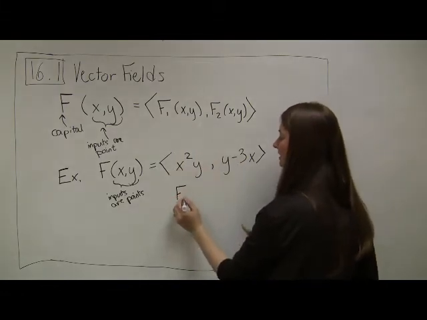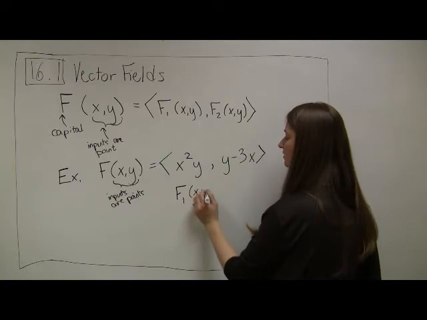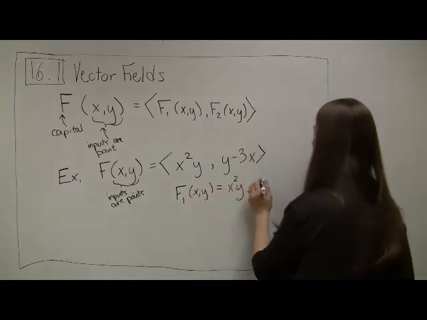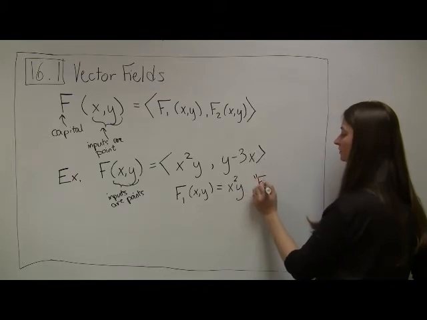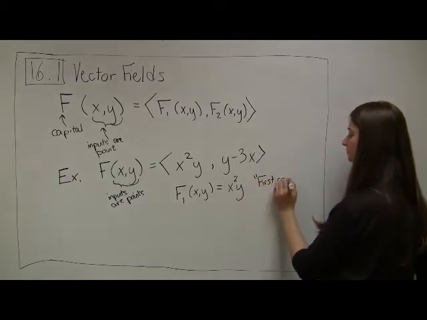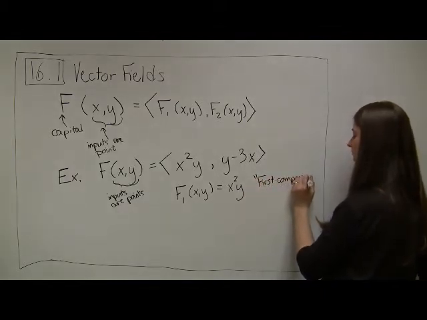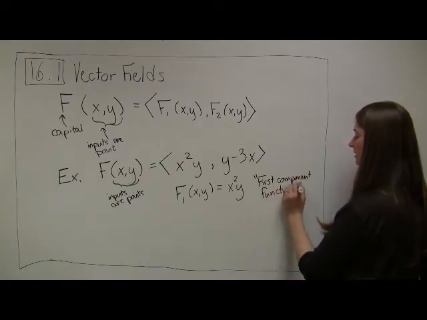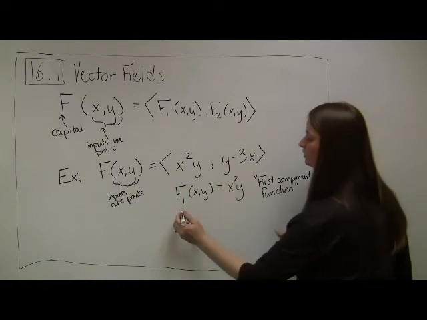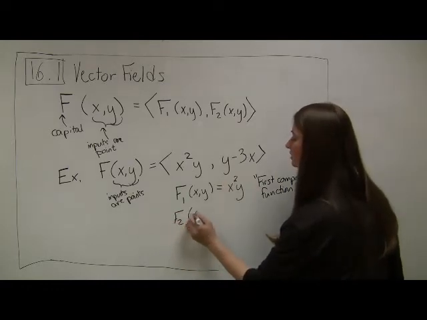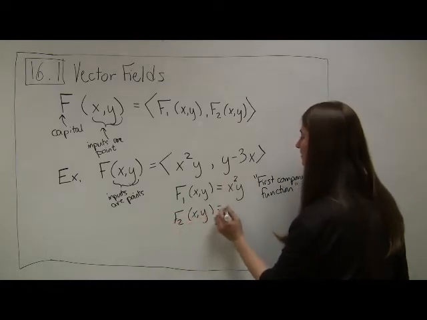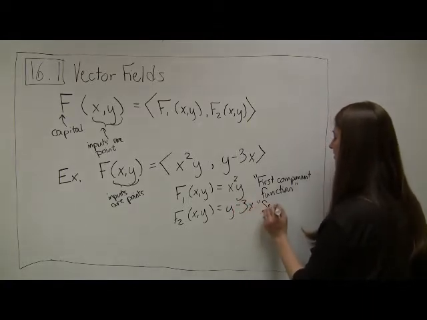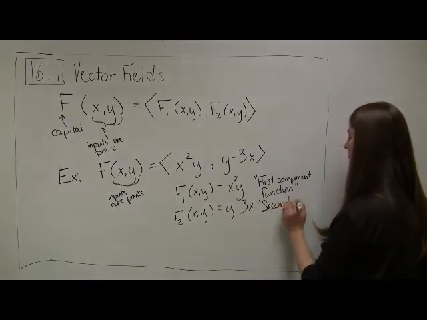So I will write that down. f1, which is a function of x and y, is equal to x squared y, and this is called our first component function. And similarly, our second component function, f2, is also a function of x and y, and it's given by y minus 3x. And this is our second component function.